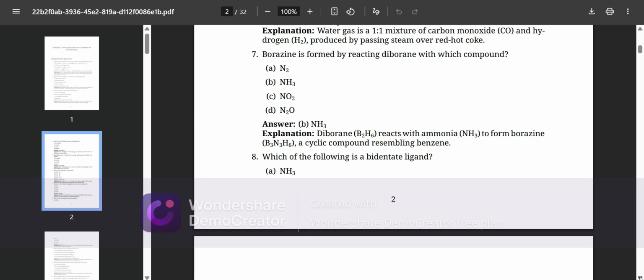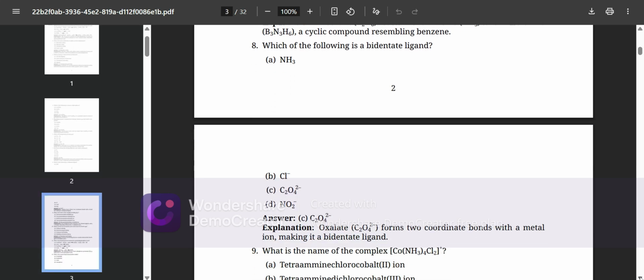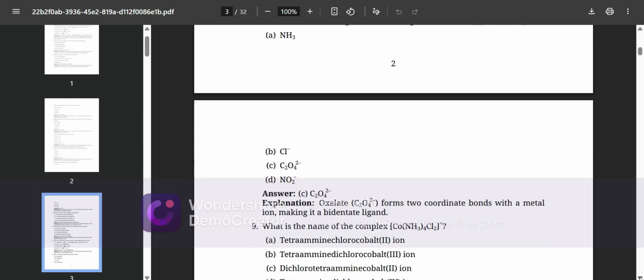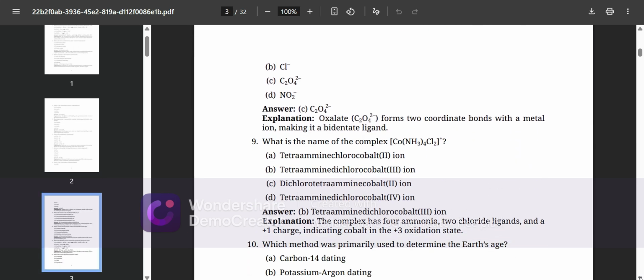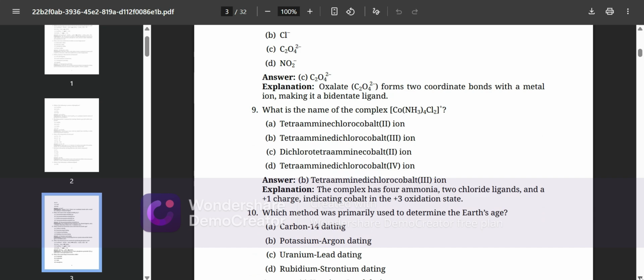Which of the following is a bidentate ligand? C2O4 2-, oxalate. C2O4 2- forms two coordinate bonds with a metal ion, making it a bidentate ligand.